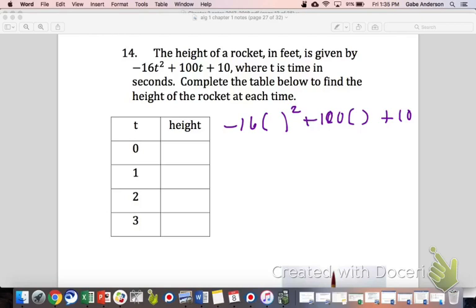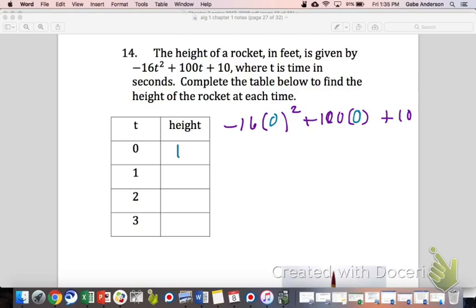So I will plug in the 0 right here and right here. And the order of operations ends up being sort of easy on this one, right? Because what's 0 squared? 0. And 0 times anything is? 0. And that's true of the first two terms, right? And so it's basically 0 plus 10. So when T is 0, height of the rocket is 10.